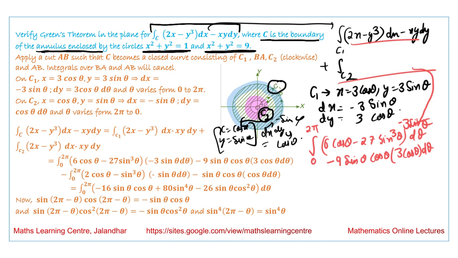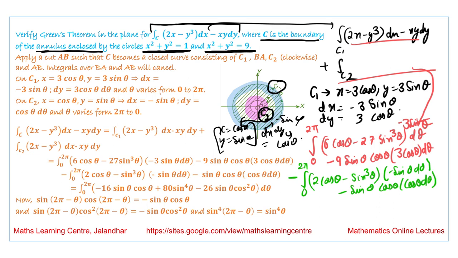Then the next value is minus the integral from 0 to 2 pi of 2 cos theta minus sin cubed theta, into minus sin theta d theta, then minus sin theta cos theta into cos theta d theta.